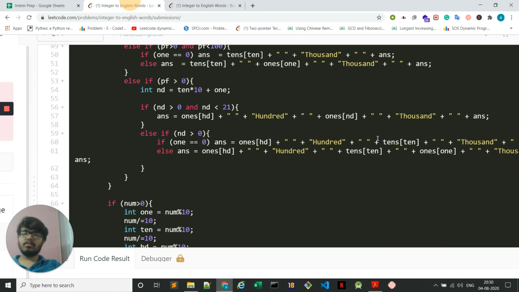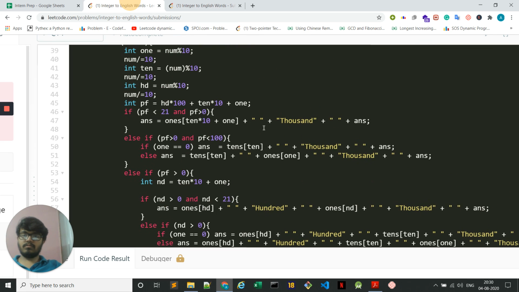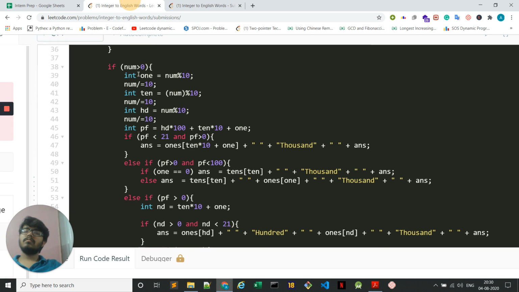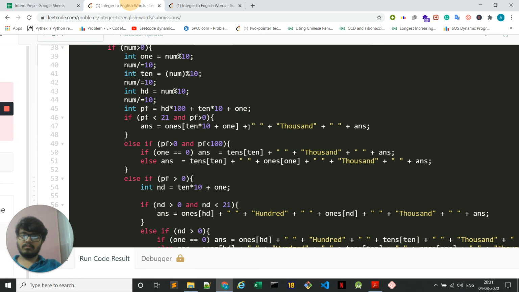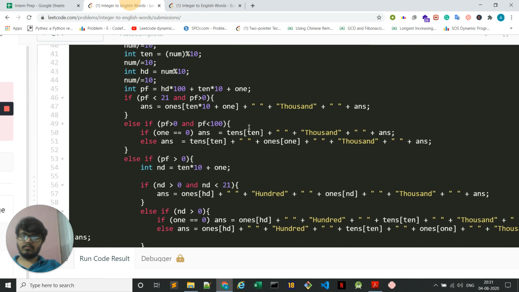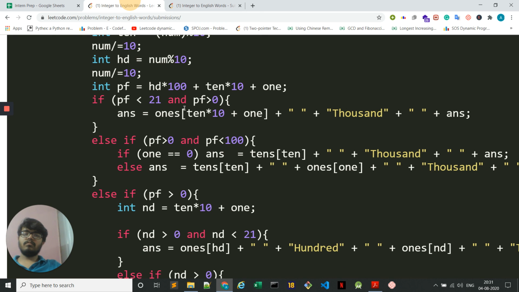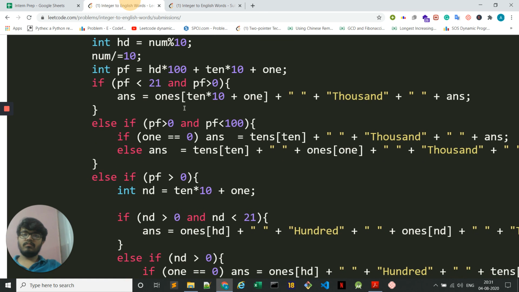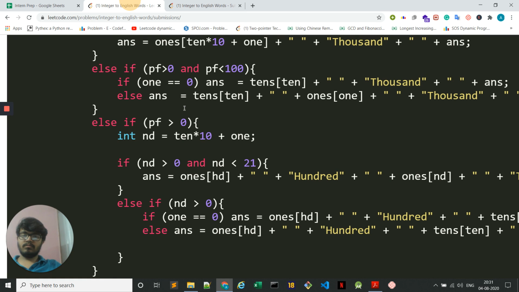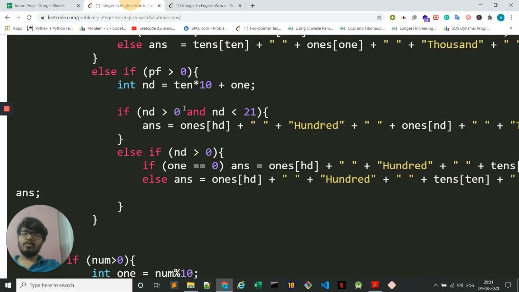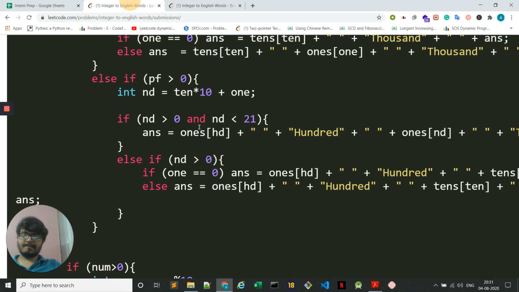it should be 100,000. Oops. So PF is greater than 0, but what if in the case of PF ND becomes 0?